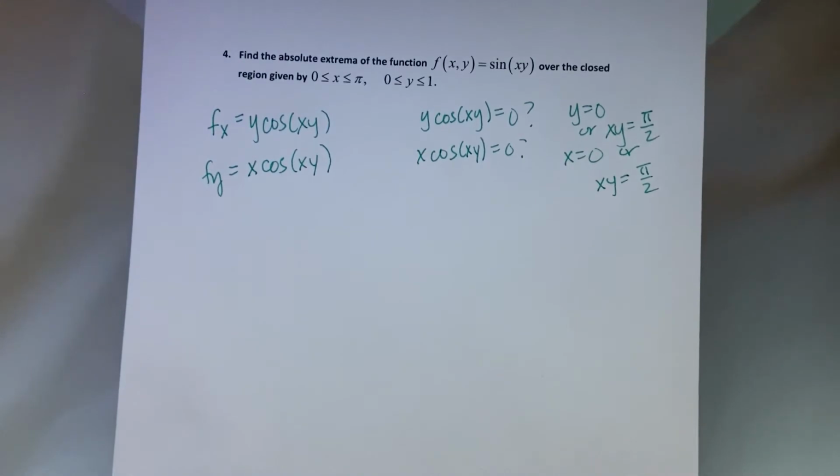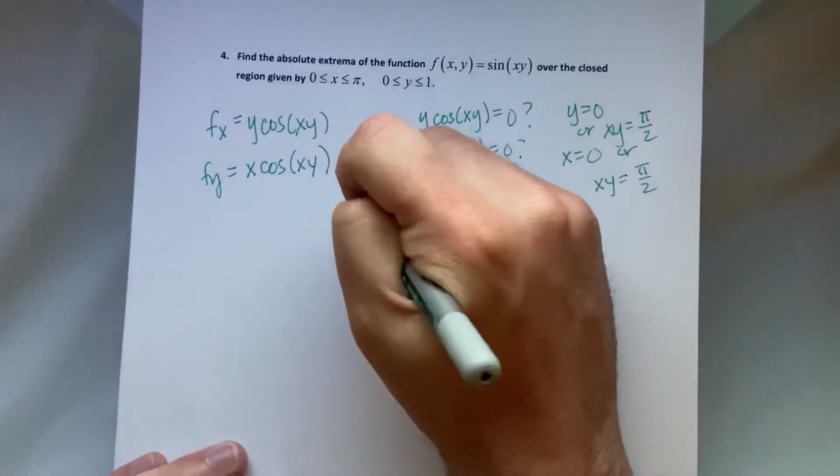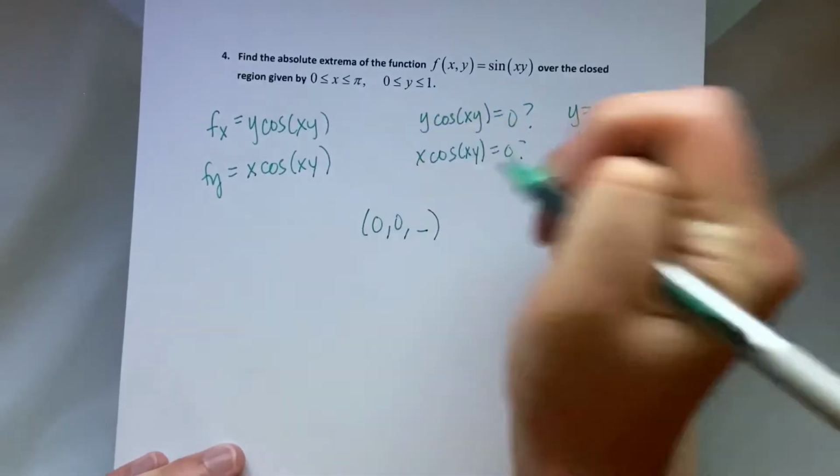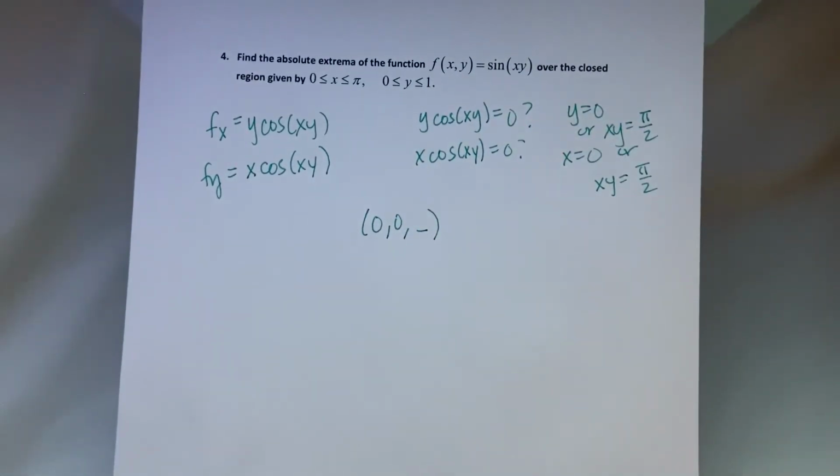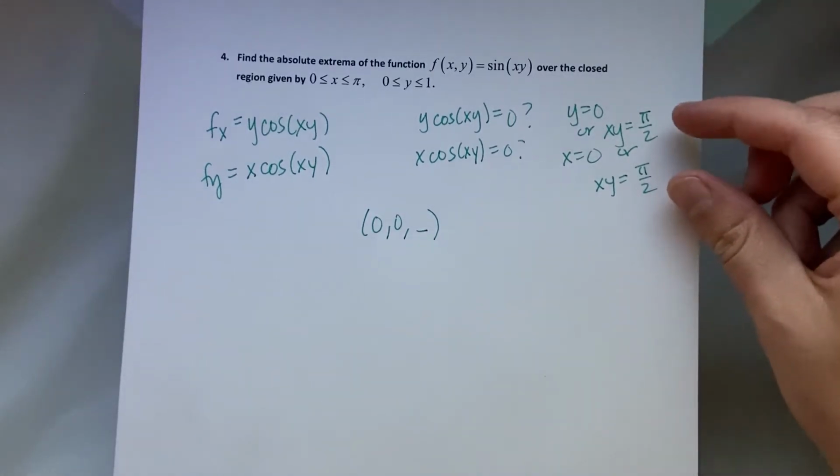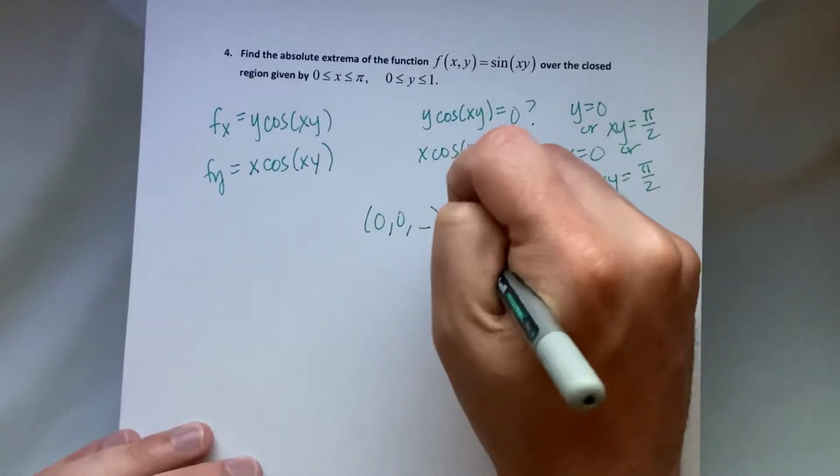Okay, so what happens here? How many points of intersection do we have? We've got 0, 0. So since we have both of these equal to pi over 2, we can let x be a free variable.